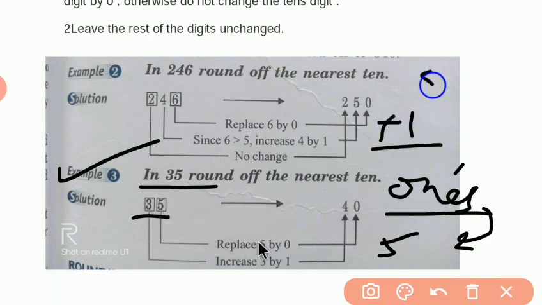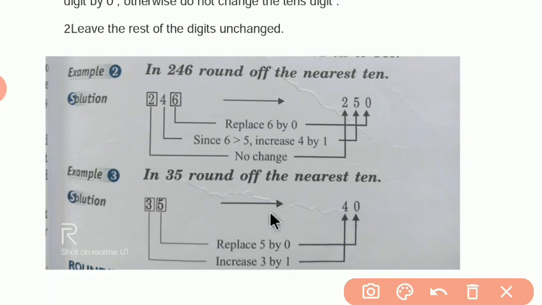So we replace 5 by 0, and increase the tens digit by 1. So 3 plus 1 is 4. You can see that 40 is near to 35. It means there should be only one 0. So 35 is near to 40, and 246 is nearest to 250.